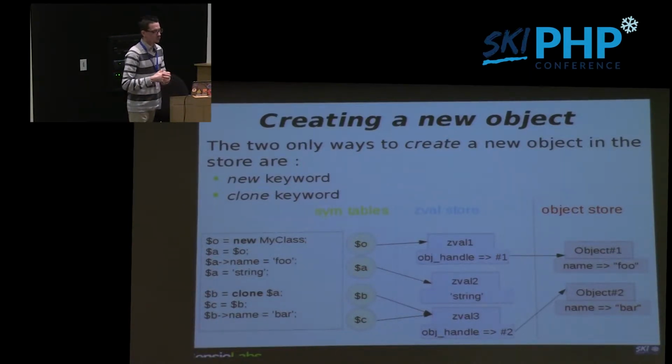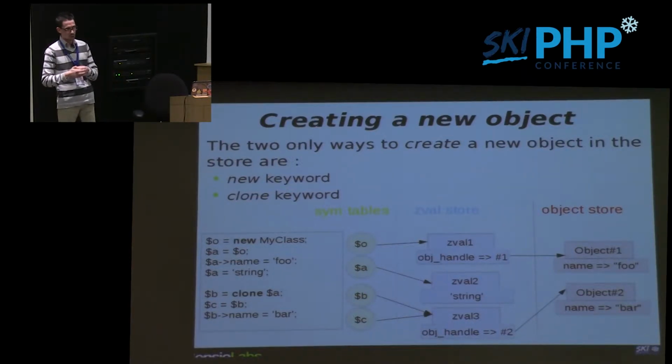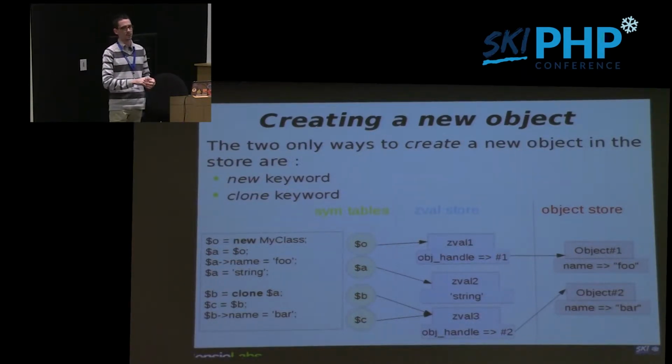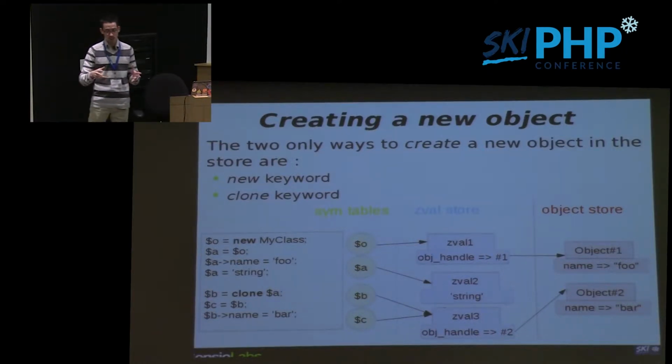There are only two ways to create a new object in the store: the new keyword and the clone keyword. That's all. So you can just get a .php file, a simple one, and you count the number of new and the number of clone, and you have the exact number of objects which are allocated in PHP memory.